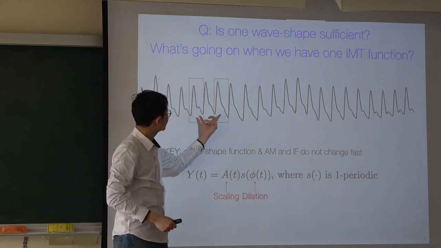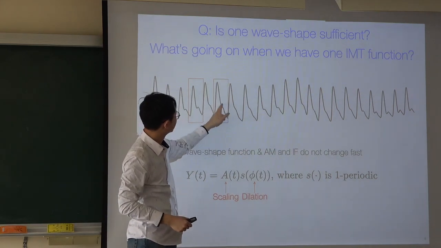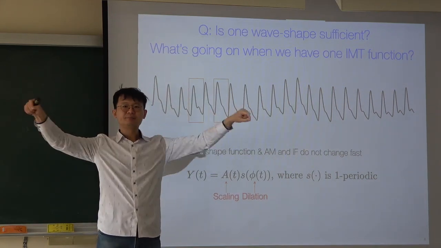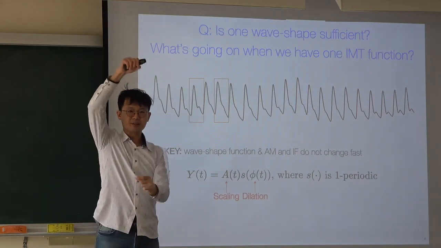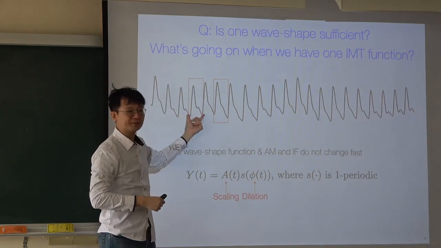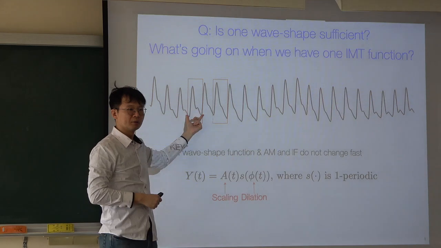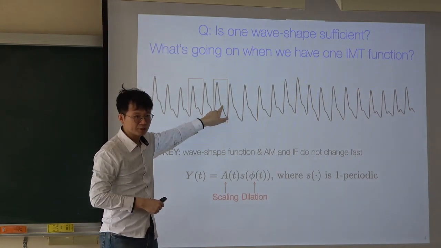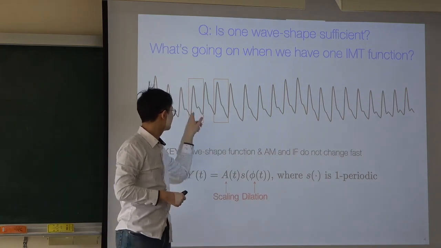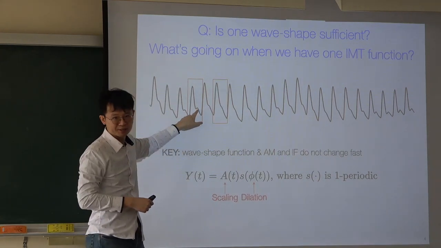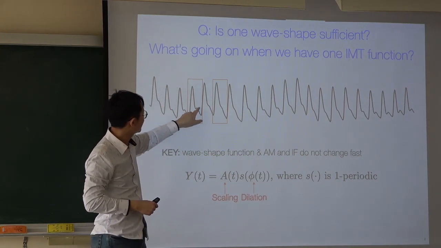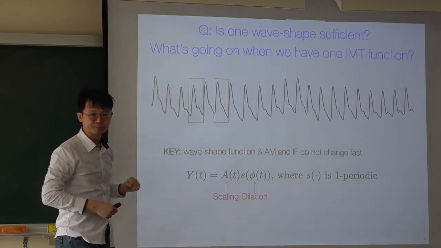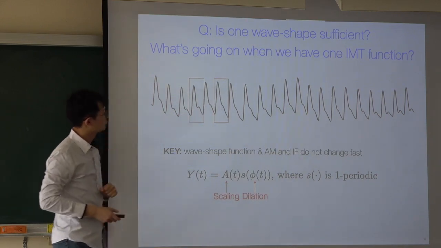If you want to use dilation and scaling of this pattern so that you can see this notch, what should you do? There is a notch here, and there is no notch there. So you need the amplitude modulation function to change fast in the middle so that you can catch this dicrotic notch.